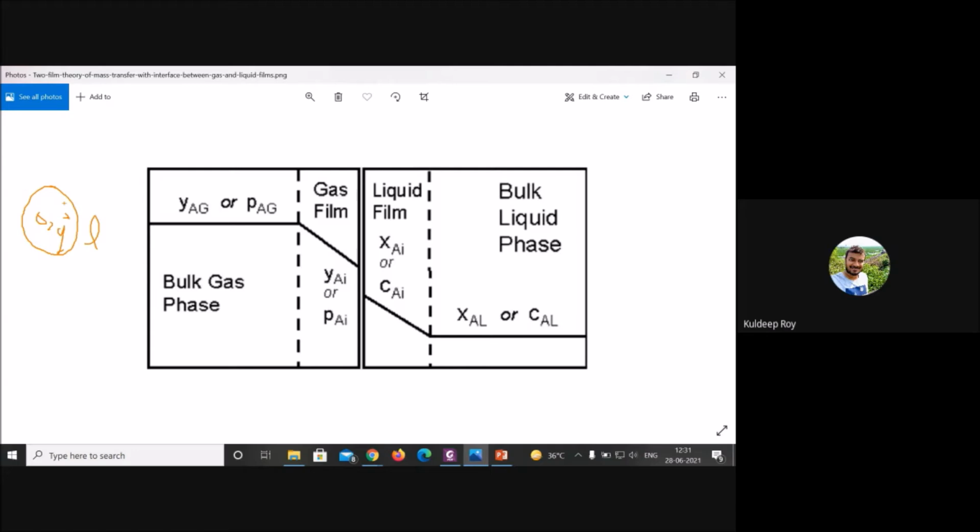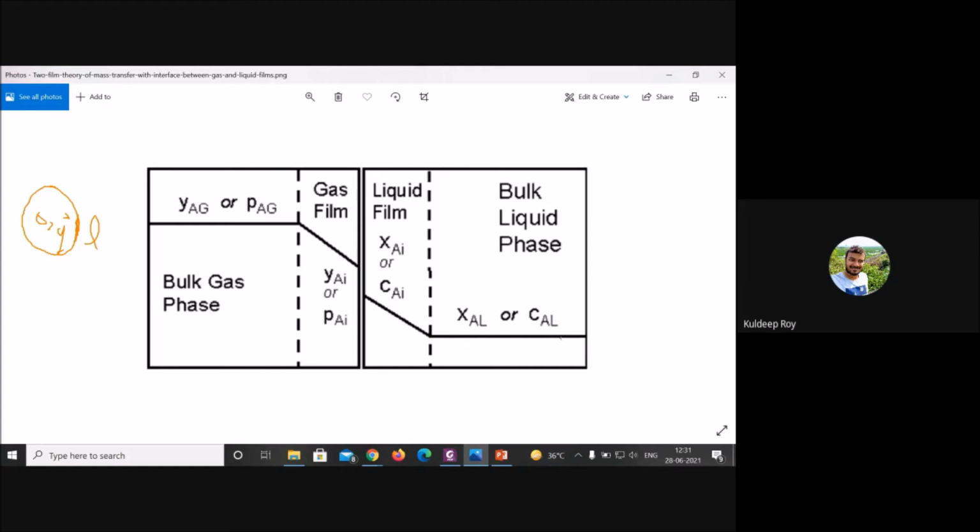Here will be liquid, here will be gas. Now we have prepared the boundary condition. Around this particular surface there will be the boundary layer. One will be the gas film, another will be your liquid film. And now you can see how the profile changes.